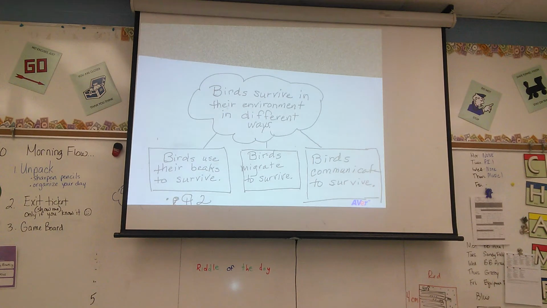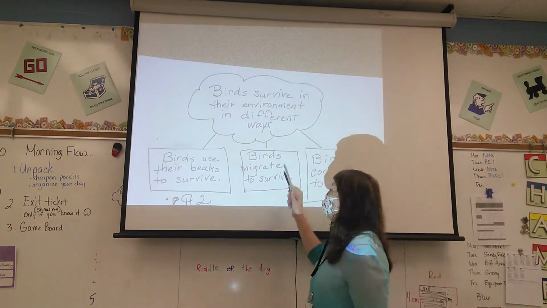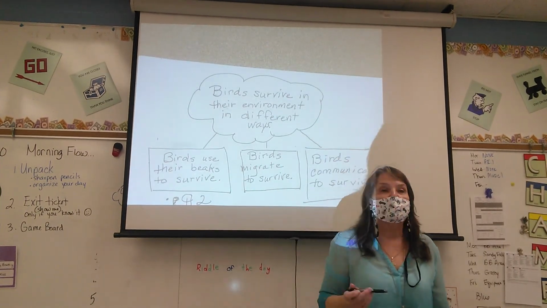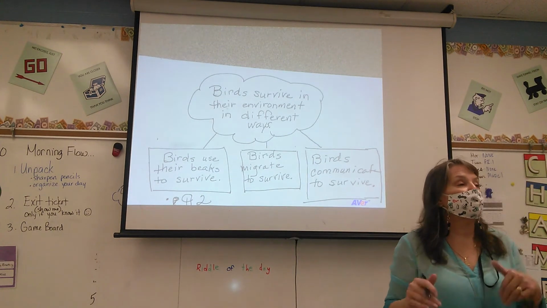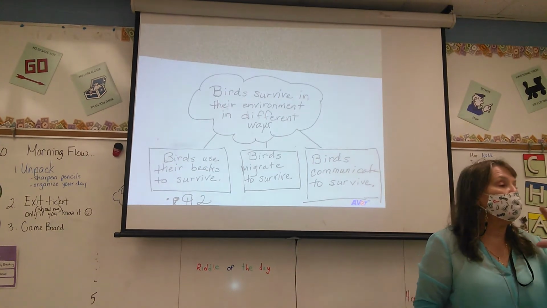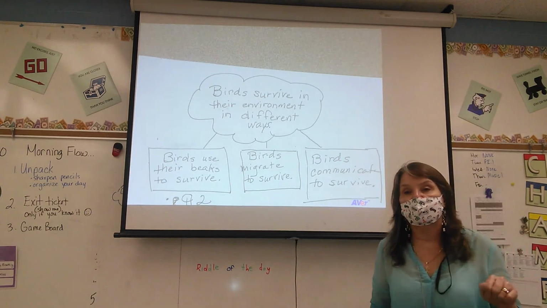Their job is to help us to stay focused and to support that thesis statement with main ideas. And you notice that we kind of see a repetition of the wording: survive, survive, survive, survive. Okay? Because that's our focus. We noticed in source 3, they talk about a lot of communication in birds.